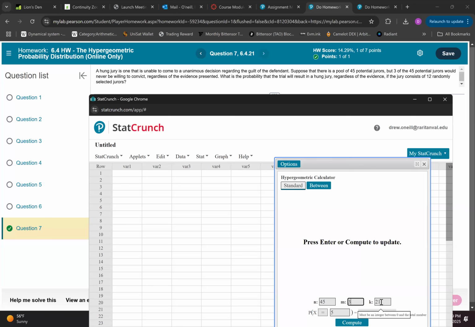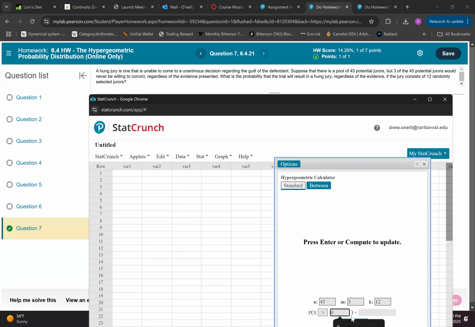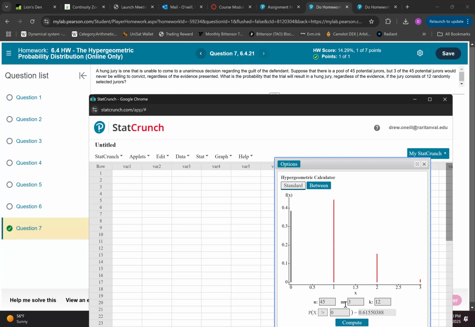This is the situation where they pick jurors. Here it gets a little tricky. We're interested in picking 12 people. We want to know the probability that it's greater than zero, meaning the probability that there's a hung jury. And if you calculate that, you get this number right here.